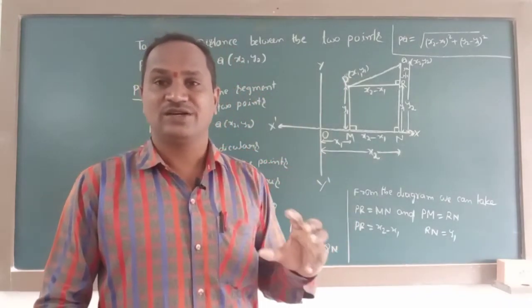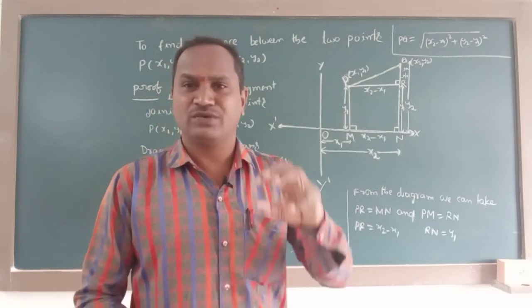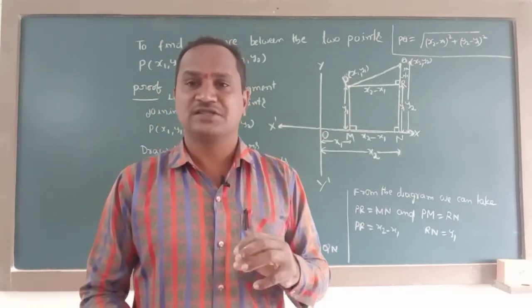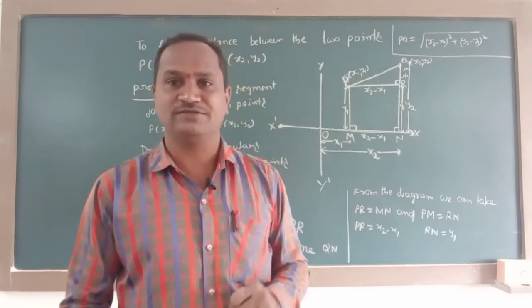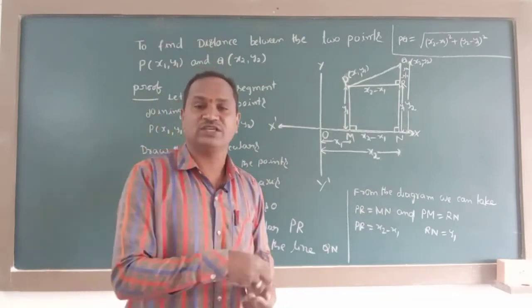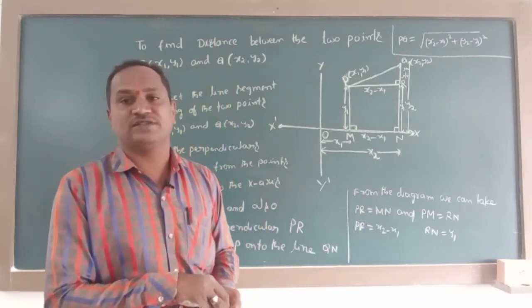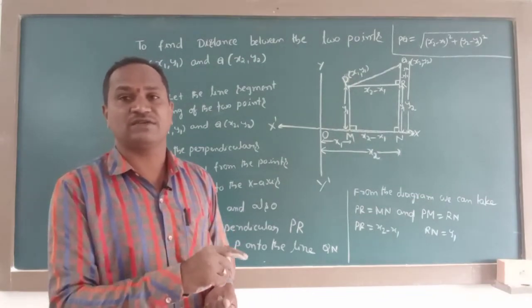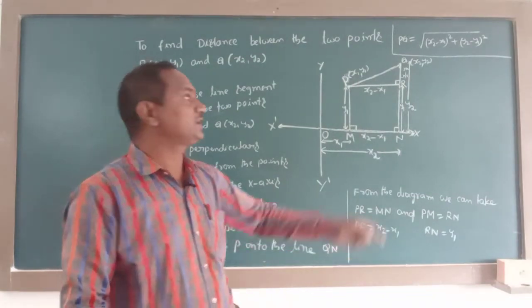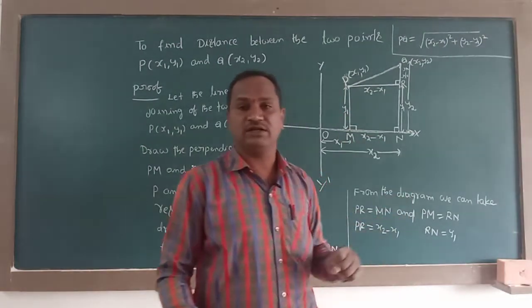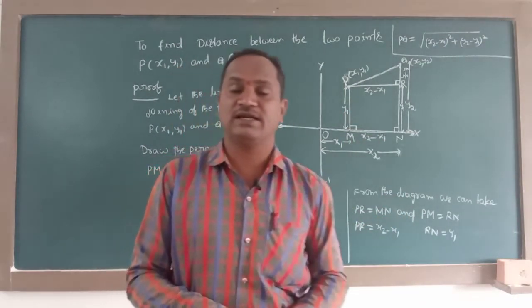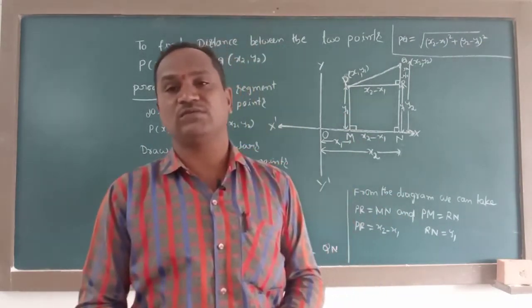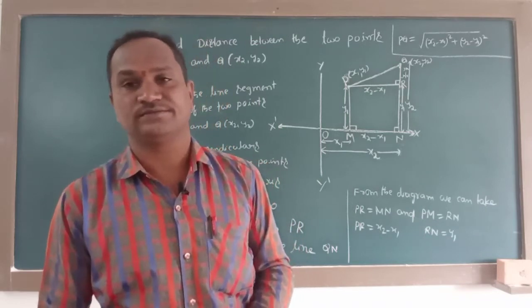That's what the calculation part is here. We must apply the statement of Pythagoras theorem now. After completion of the calculation part, finally we should get the formula PQ is equal to square root of x2 minus x1 whole square plus y2 minus y1 whole square.